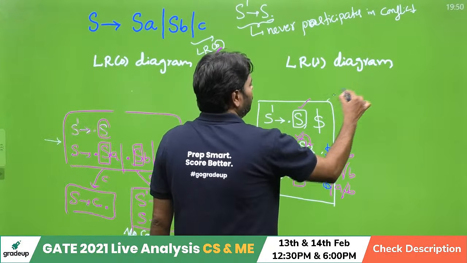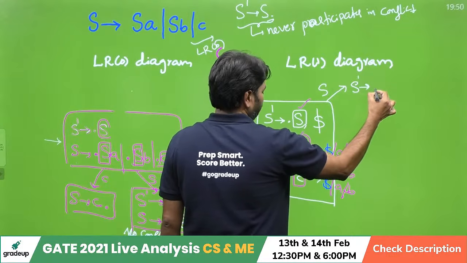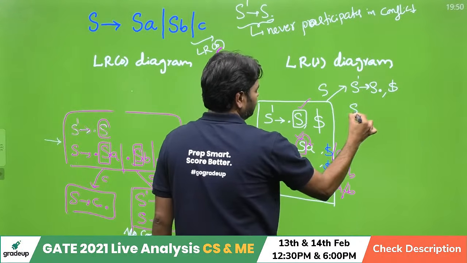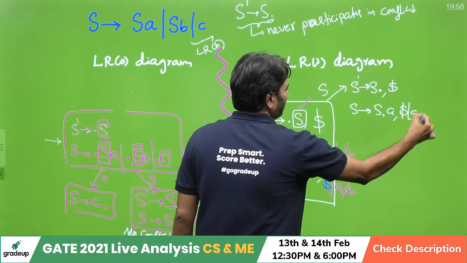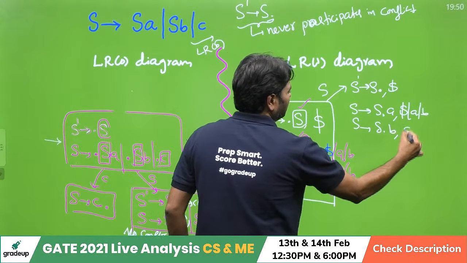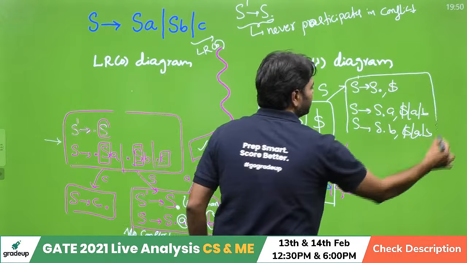Fine. Now, read S. You get three items. There are three productions. One is S dot, with lookahead dollar or A or B. The other is S dot B. And that's it here.